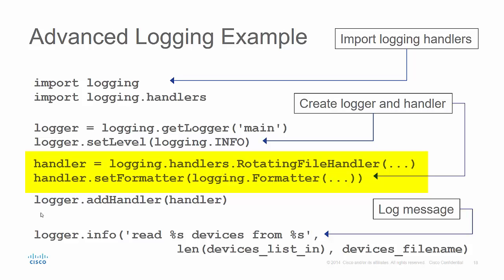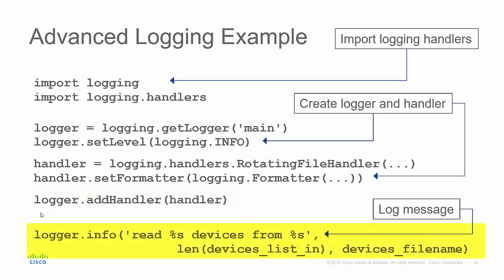And here you can specify a richer set of formatting than you can with simple logging. You will add this handler to the logger, and then you can log your messages, and the messages will be logged to the appropriate logging structure that you have created by creating your handler and your formatter.